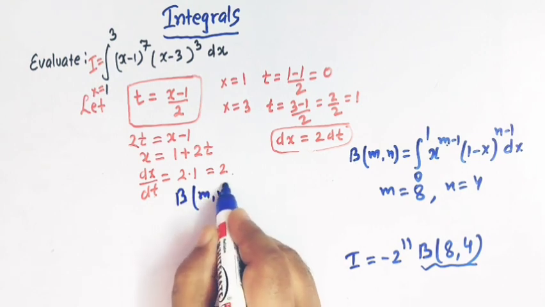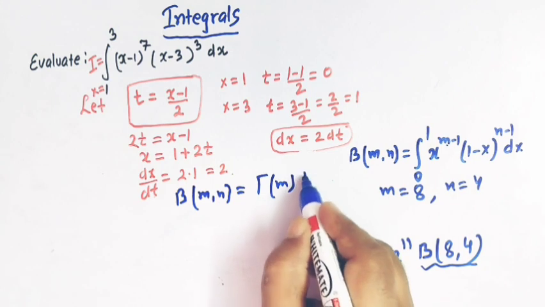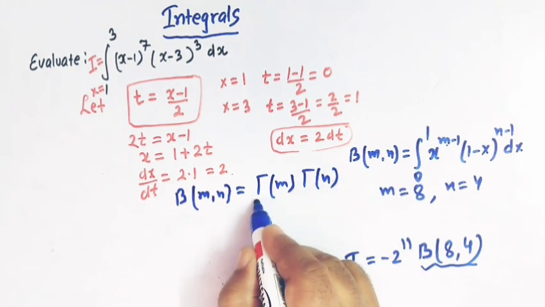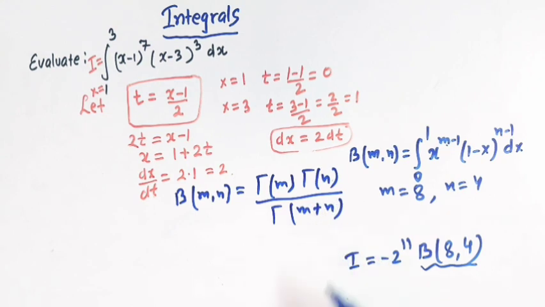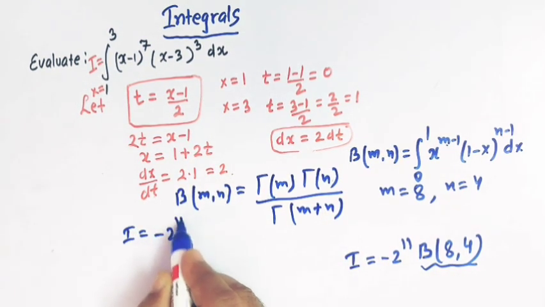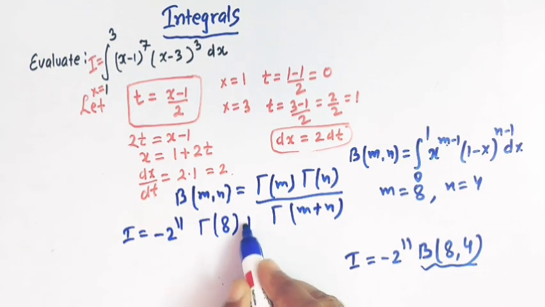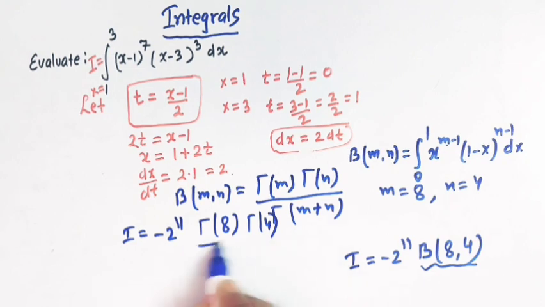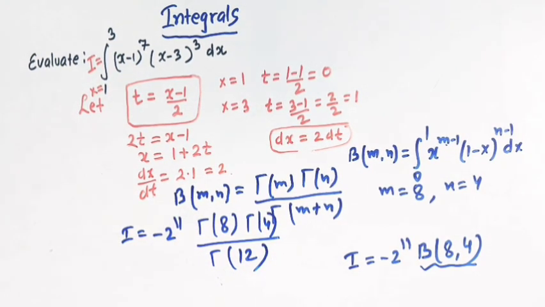We have beta(m, n) equal to gamma of m times gamma of n divided by gamma of m plus n, right? So we have I equal to minus 2 raised to 11, gamma of 8, gamma of 4, and then gamma of 8 plus 4, that is 12, right?